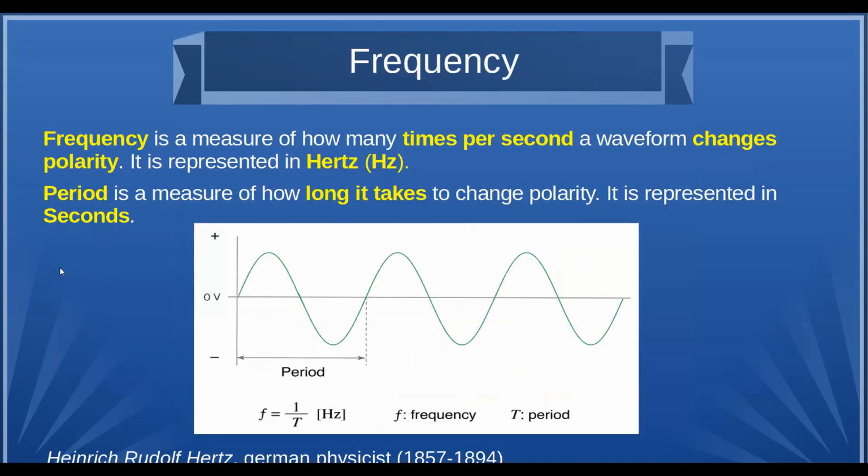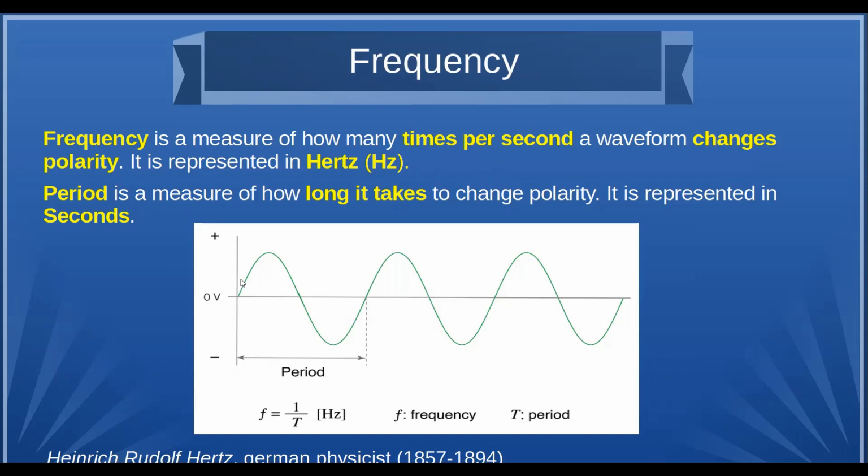Okay, so let's talk about frequency. It's a measure of how many times per second the waveform changes polarity, and we represent it in hertz, Hz, named after Heinrich Hertz. It also has a period, which is the reciprocal of the frequency. It's how long in time it takes for the waveform to go through one complete cycle.